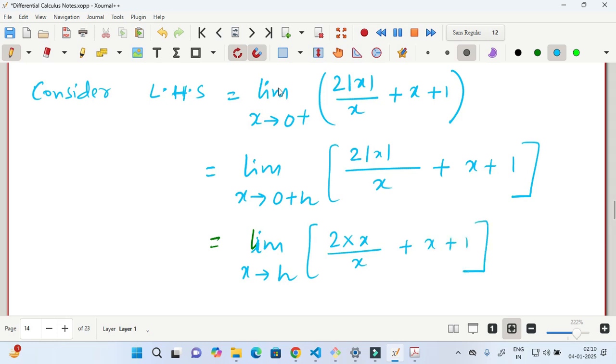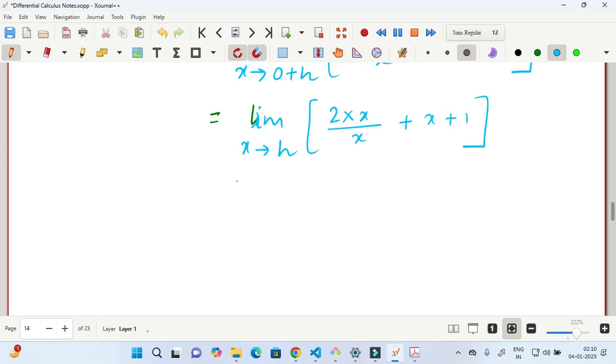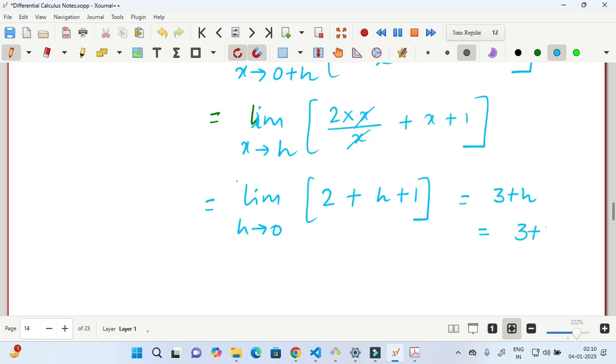Now this x and this x get cancelled. Now limit h tends to 0, h is tending to 0, so you have to substitute: 2 plus h plus 1, which equals 3 plus h, which equals 3 plus 0, which equals 3.